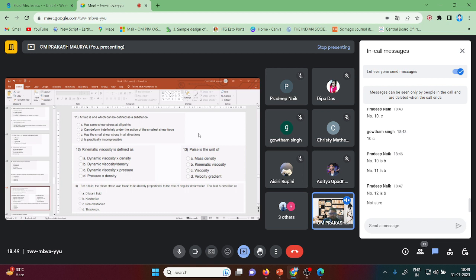Okay, definitely, kinematic viscosity is defined as the ratio of dynamic viscosity and density. As you all know, this is very basic knowledge about fluid mechanics. Now, poise is the unit of, as you all know, viscosity. I think we have discussed this question earlier also.